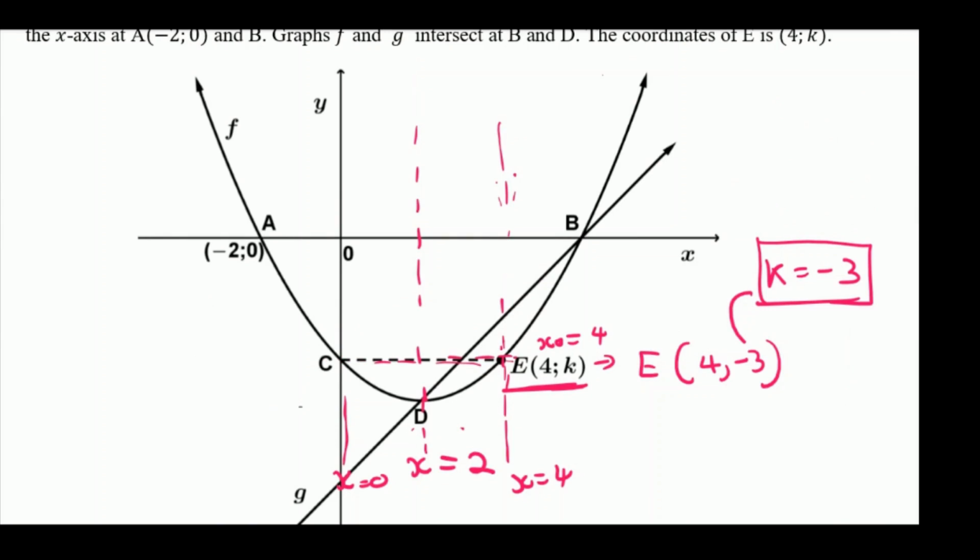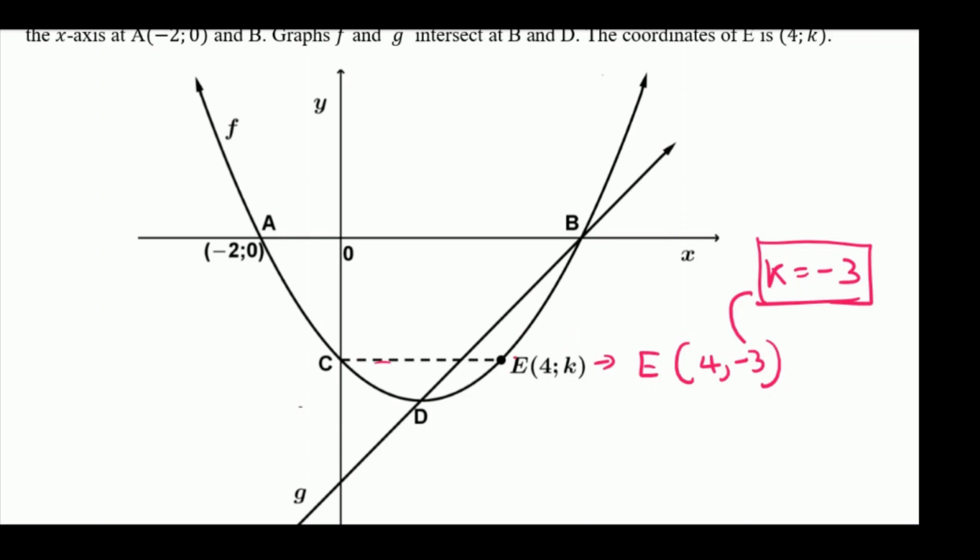Now we are to write down the equation of the tangent, and we are told that the tangent is parallel to the line G. So this is our graph of G here.